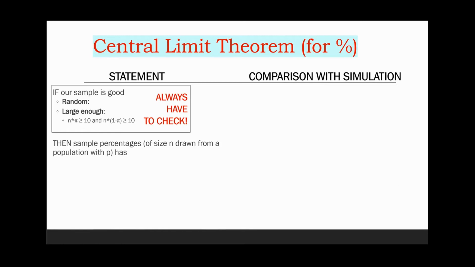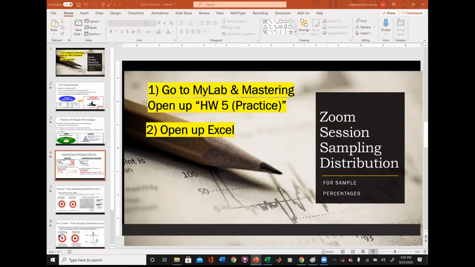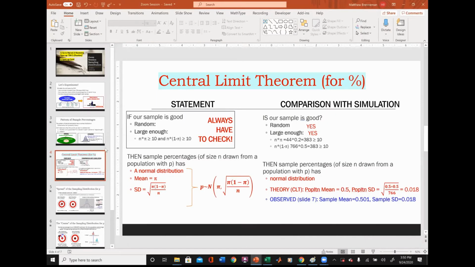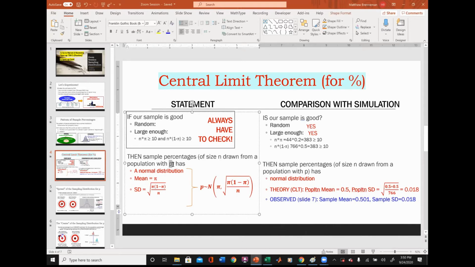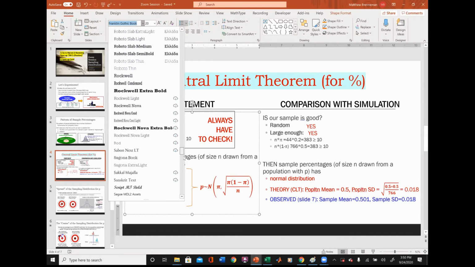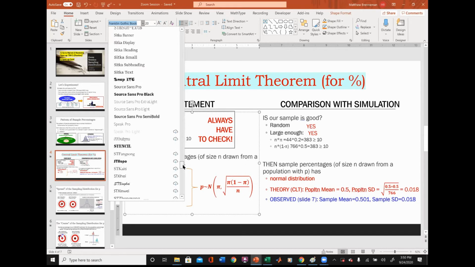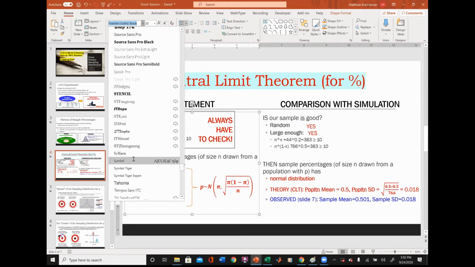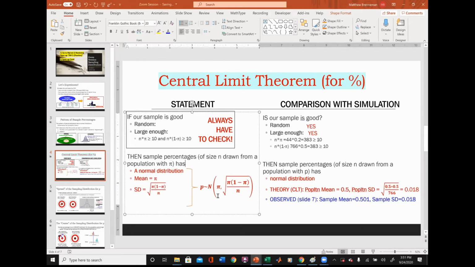Then mathematical theory tells us that the sample percentages drawn from a population with percentage pi, I don't want P there, let me change that really quick, have a normal distribution. So this is what the central limit theorem tells us.